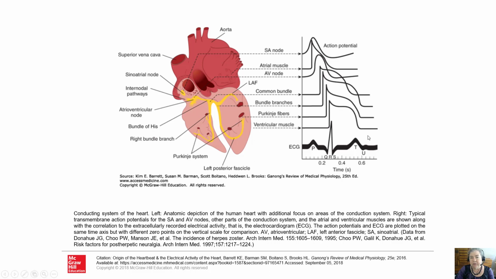That contraction results in a kind of a long action potential during which the ventricles are repolarizing, and the T wave here represents ventricular repolarization. And then there's a refractory period, so there's going to be a little bit of time before the next P wave.